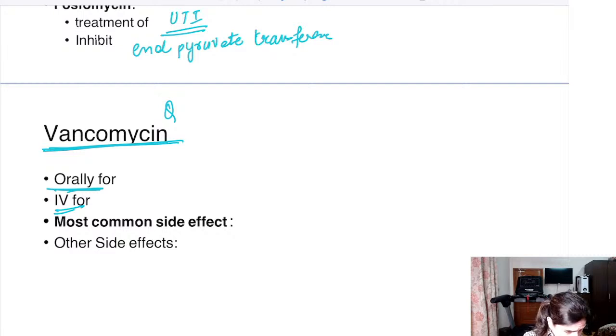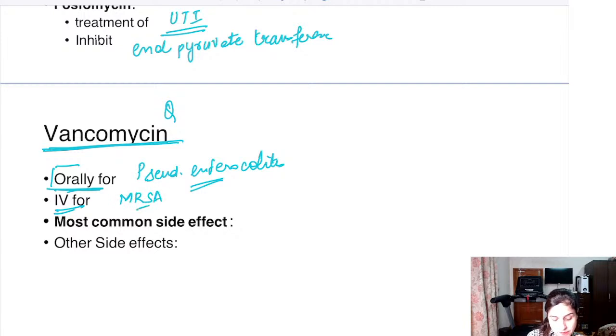Orally, it will be given for, very good, Anna, pseudomembranous enterocolitis. IV, it is the drug of choice for methicillin resistant Staph aureus, MRSA. MRSA for IV, orally for pseudomembranous enterocolitis.